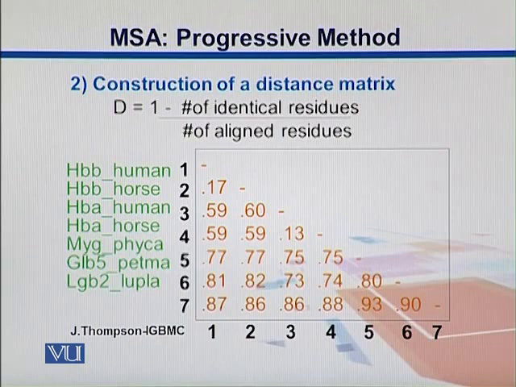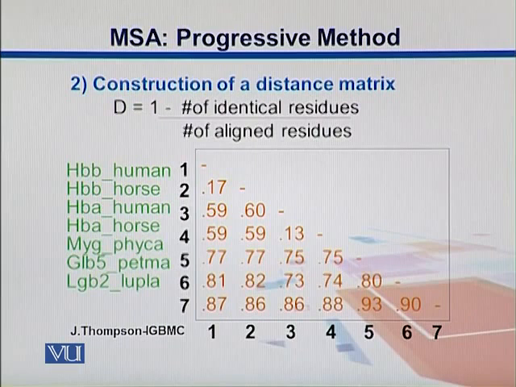Here, on the x-axis and y-axis we have the same sequences. In this example, which we took from this reference, they use hemoglobins and related proteins, myoglobins, etc., in humans and other related species.